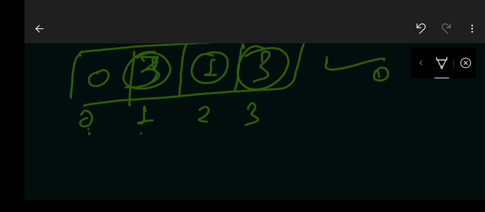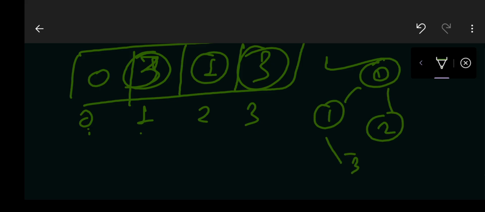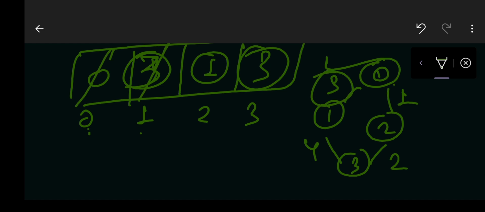Let's see in this graph. Are we getting a correct output? Here it was 3. Here it was 1. Here it was 4. Here it was 2. Okay. So here, as you can very easily see, the shortest distance from 0 to 1 is 3 only. So this is correct. The shortest distance between 0 and 0 is 0 only. So this is also correct.